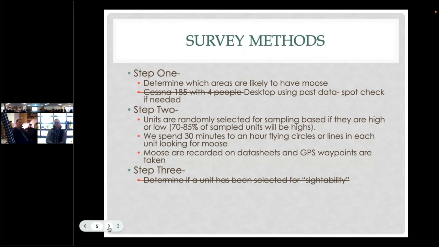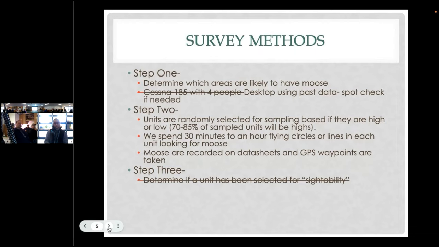Because we fly half of that unit again with twice the intensity and in the opposite direction from how it was originally flown. So if we originally flew east-west transects, now we're going to fly north-south transects. And we're doing our lines twice as tight and looking for moose and seeing if we pick up any additional moose.